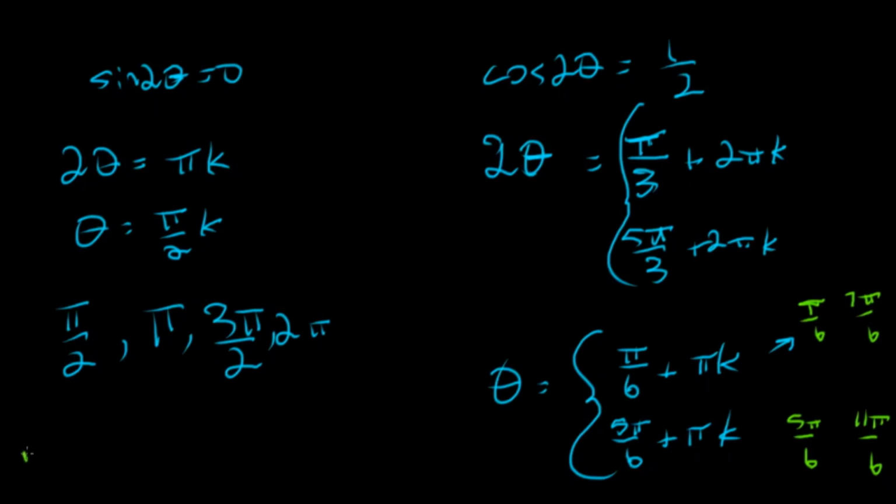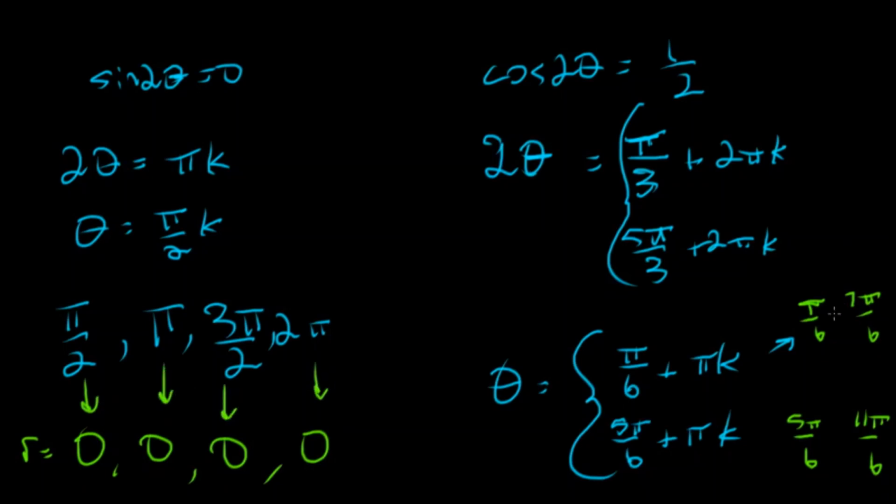You know what? I'm just going to tell you guys what it is. All right, if you plug any of these back into either of your equations, you're going to get a sine of pi, and sine of pi is 0. So this is going to be 0, 0, 0, and 0. All right, this is going to correspond like this.